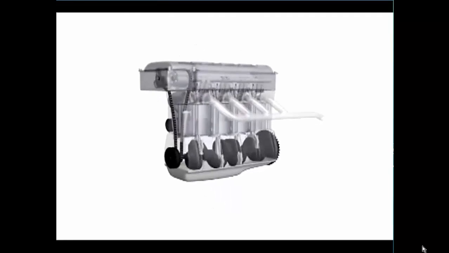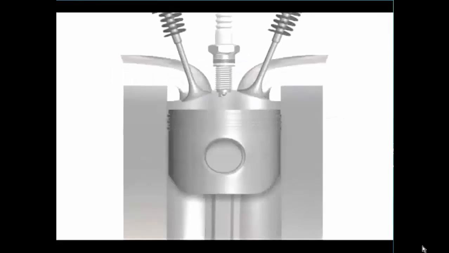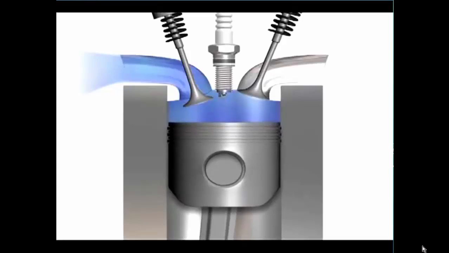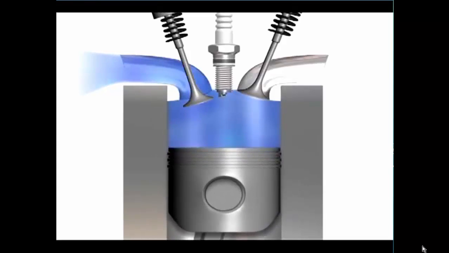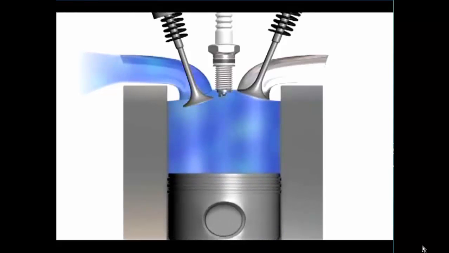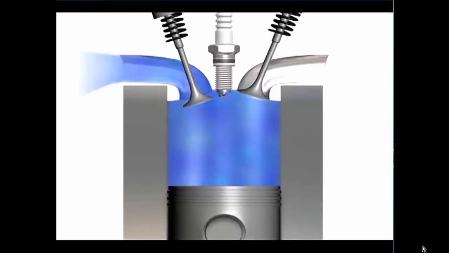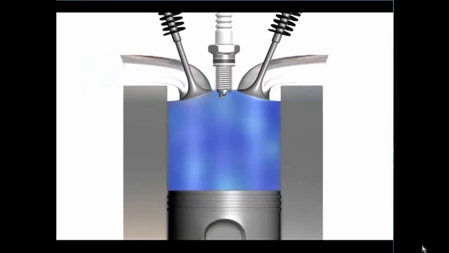Power is produced in the engine by the four-stroke process. As the piston moves on its first downward stroke, the intake valve opens to allow a mixture of air and fuel to fill the combustion chamber. This is called the intake stroke. Next, the intake valve closes and the piston moves on an upward stroke that compresses the air-fuel mixture.